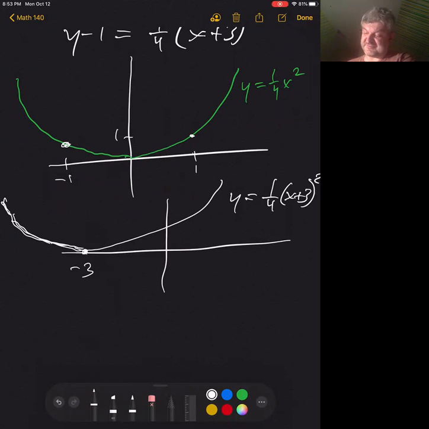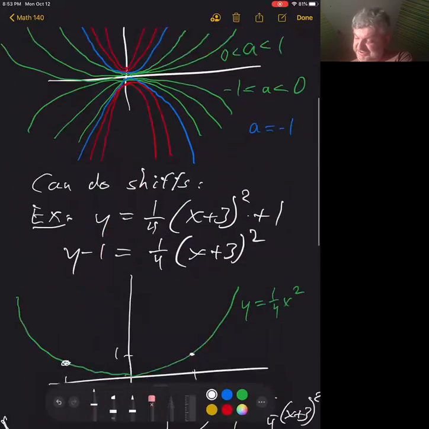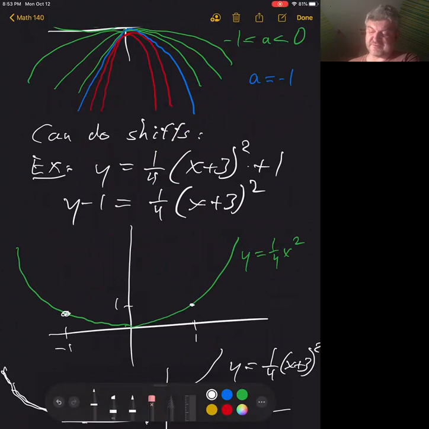For example, if x is -1, then y would be 1. This is how far we shifted this whole thing, 3 units to the left. And finally, to get back to our original function, y minus 1 is 1/4 times x plus 3 quantity squared. I need to shift the whole thing up by 1 unit.